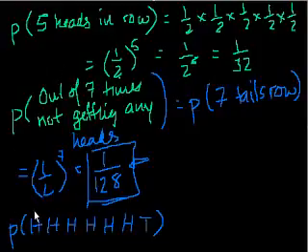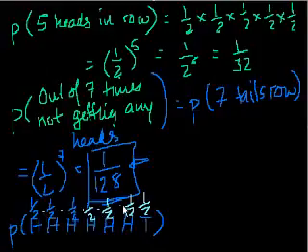And what's the probability of this? Well, there's a 1/2 chance of getting a heads, 1/2 chance of a heads, 1/2 chance of a heads. Let me switch colors. 1/2 chance of a heads, 1/2 chance of a heads, 1/2 chance of a heads, and then 1/2 chance of a tails. But once again, this is just 1/2 times 1/2 times 1/2 times 1/2 times 1/2 times 1/2 times 1/2, which is equal to 1/128.